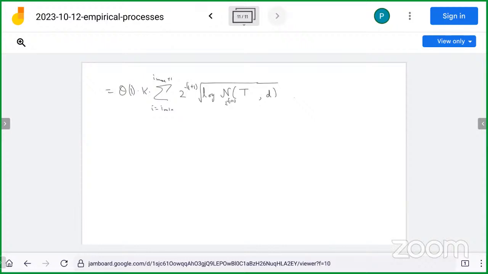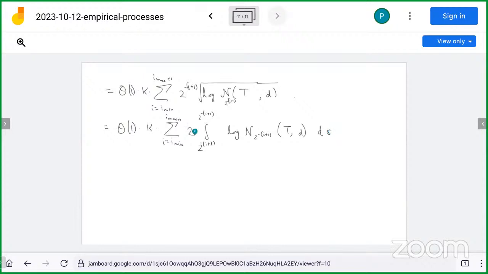So now what do you do? Basically you write it as 2 to the minus I plus 1, 2 to the power minus I plus 1, I plus 2, 2 to the power minus I plus 1 log n, 2 to the power minus I plus 1, d epsilon, times 2.